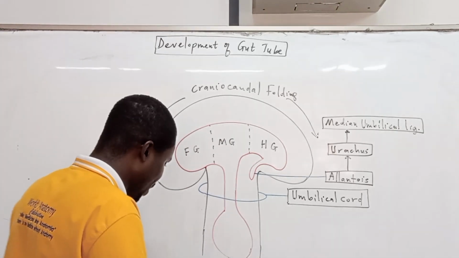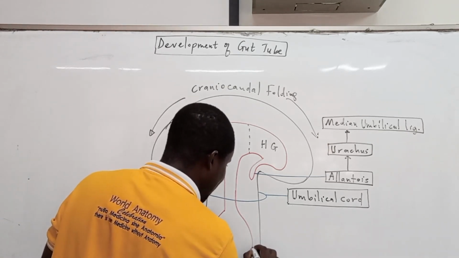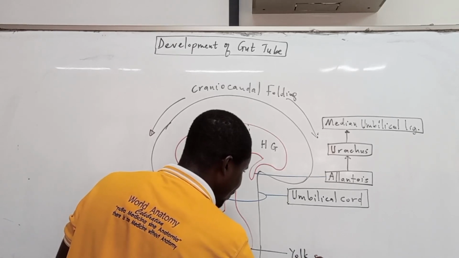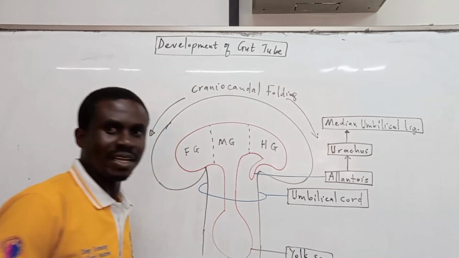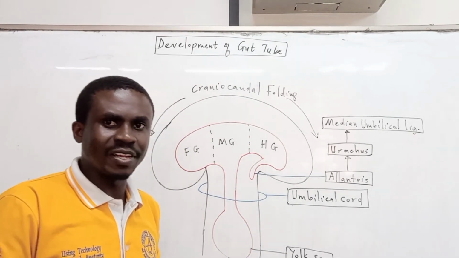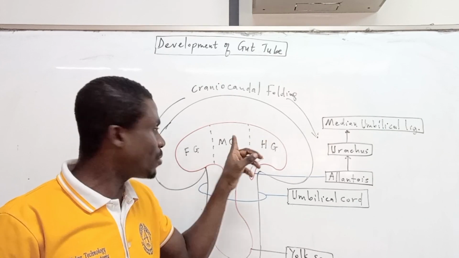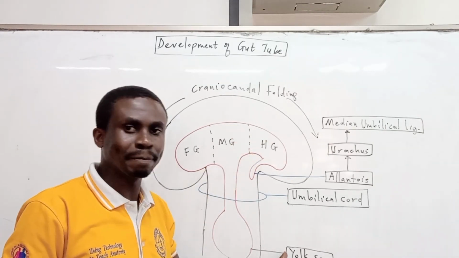That we find over here. Let me put it down over here. This guy over here is the yolk sac. Now we see something. This primitive gut tube that we find over here still has the connection with this yolk sac over here.